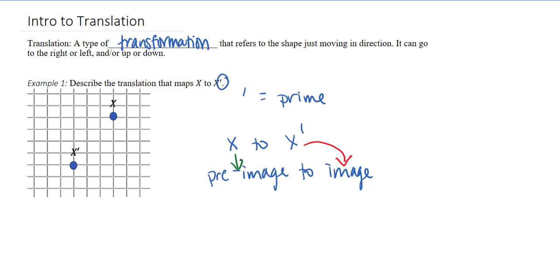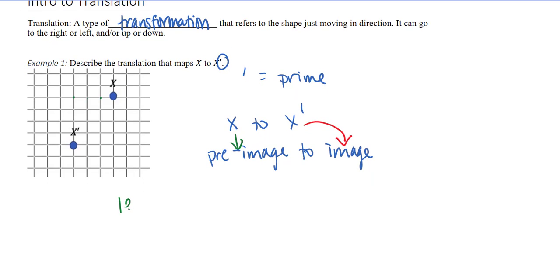So let's go over how we would describe this. We have x, and then we go to x prime. Well, we'd have to go to the left, right? So we go over 1, 2, 3. So we're going to go left 3 units. These are just units for each one.